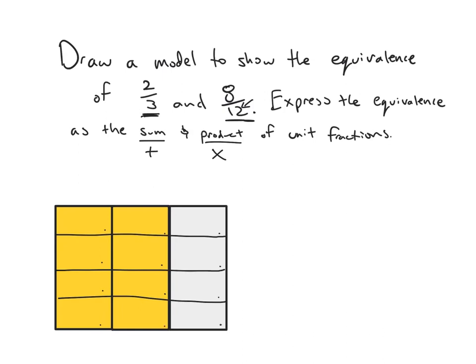So each of my small little sections here is now equal to 1/12. So I can go ahead and write out the unit fractions for each of the shaded regions now. And remember, before we had this as 2/3.